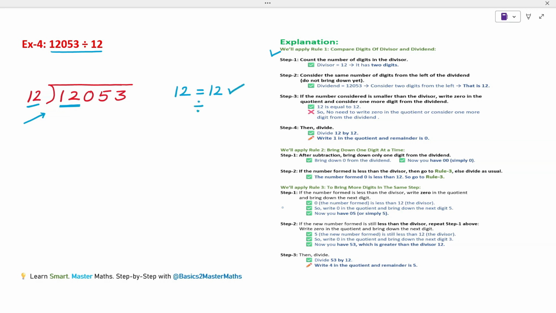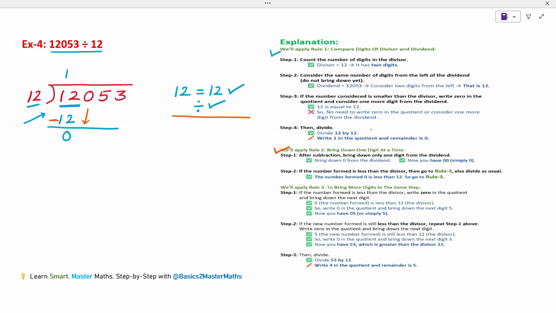Therefore, you can divide. 12 ones are 12. You got 0 as the remainder. Now, let us apply rule 2. After subtraction, bring down only one digit from the dividend.